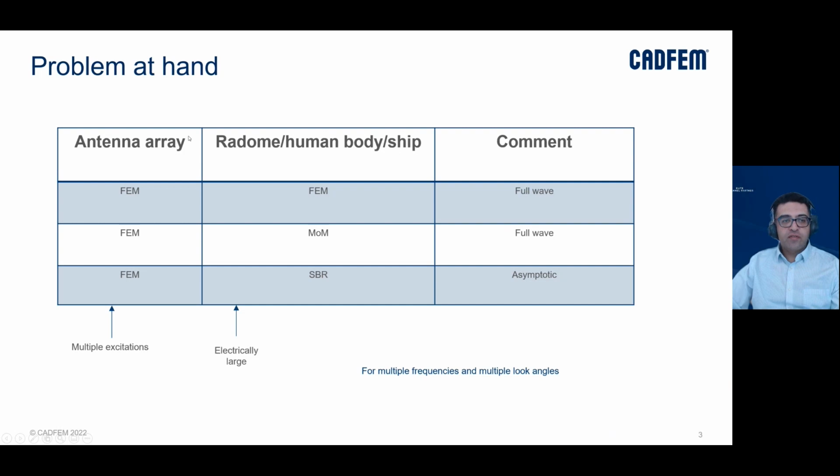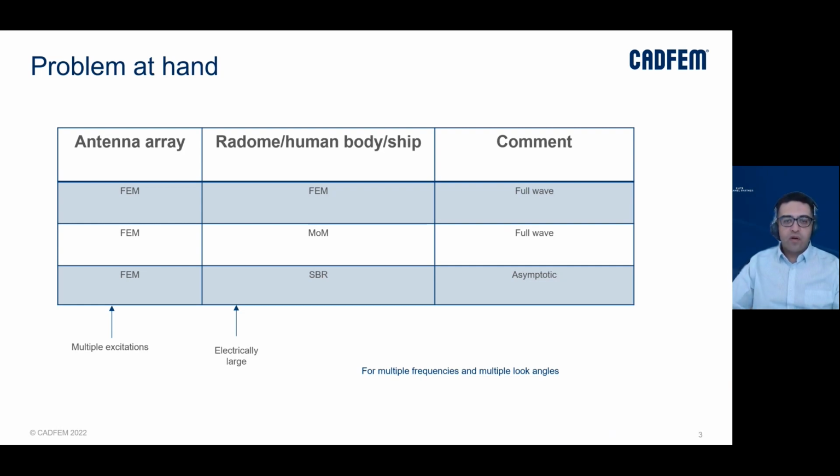So you have a combination of something with multiple excitations, which is computationally expensive, and you have something electrically large. And when I speak of electrically large, I mean the physical size in meters, for example, or in millimeters, divided by the wavelength. And electrically large, we're speaking here, is hundreds of lambdas.